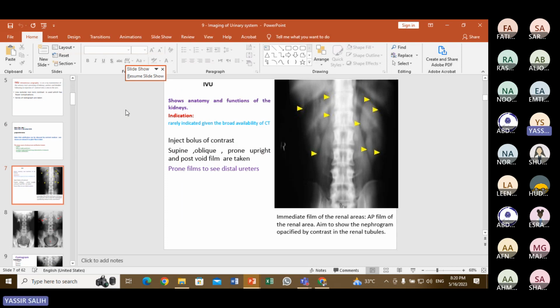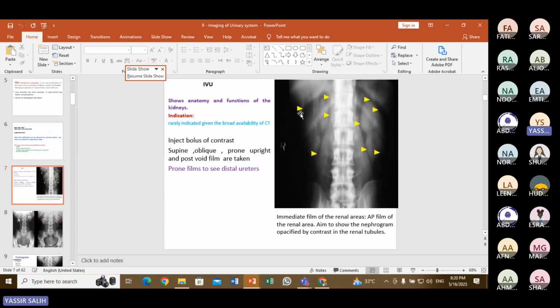طيب بالنسبة للـ IVU إنه demonstrate both function and anatomy. يعني in this IVU you can see the kidneys and also you can see the ureters and urinary bladder. يعني the anatomy of the urinary tract organs.